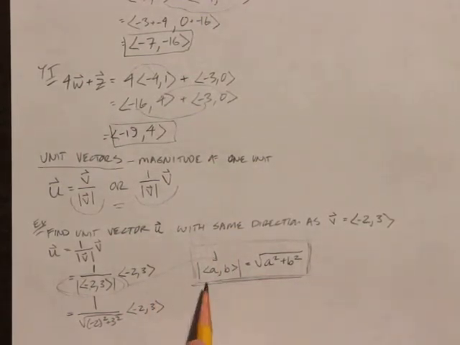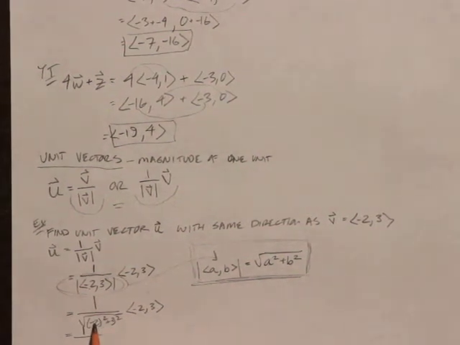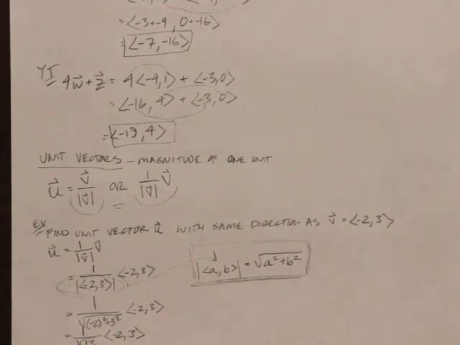times -2, 3. Notice that with this formula I've taken away the vector sign, so now I can manipulate this differently because I don't have a vector anymore in this denominator. So this equals 1 over, -2 squared is 4, plus 3 squared, which is 9. 4 plus 9 is 13, so I've got 1 over the square root of 13 times the vector -2, 3.